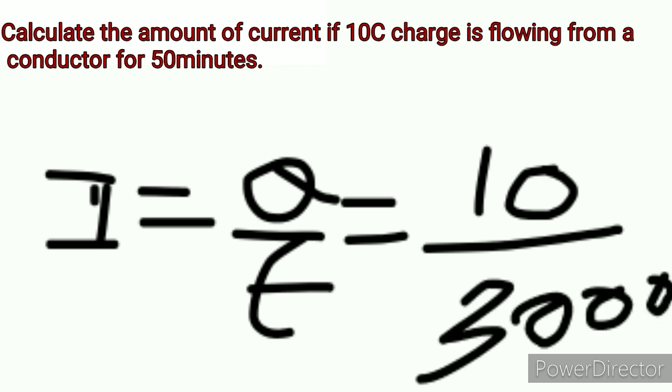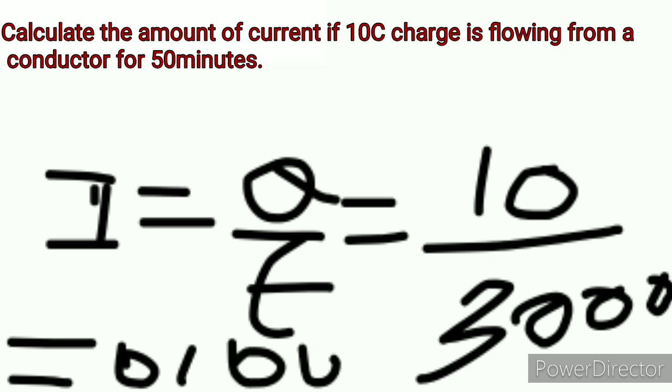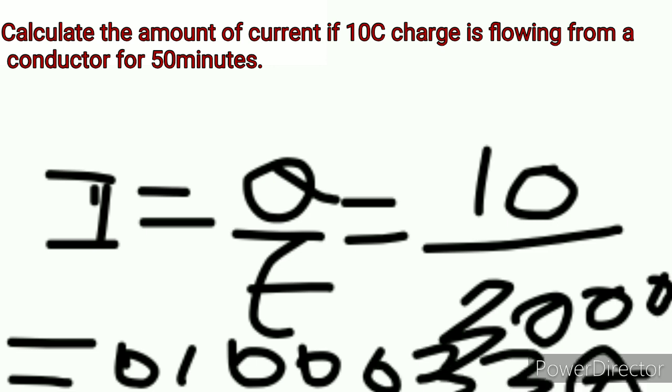As we divide 10 by 3000, we get the correct answer, which is 0.00033 ampere.